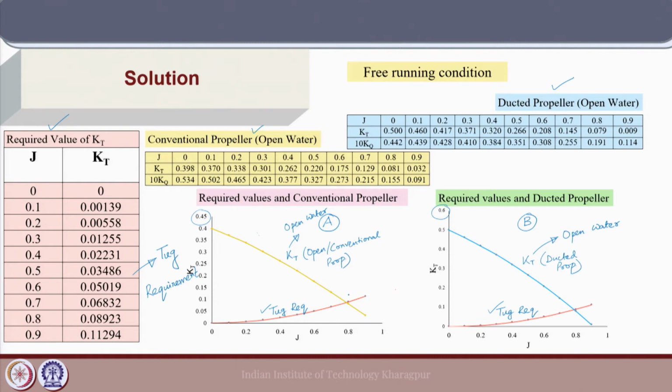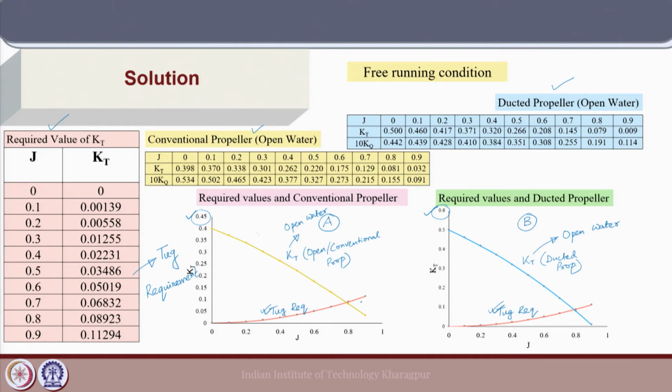Now, the red curve which shows the thrust requirement for the tug is the same for the two plots here and here, but the values seem slightly different because the two open water diagrams for the conventional and ducted propellers have a slightly different range.